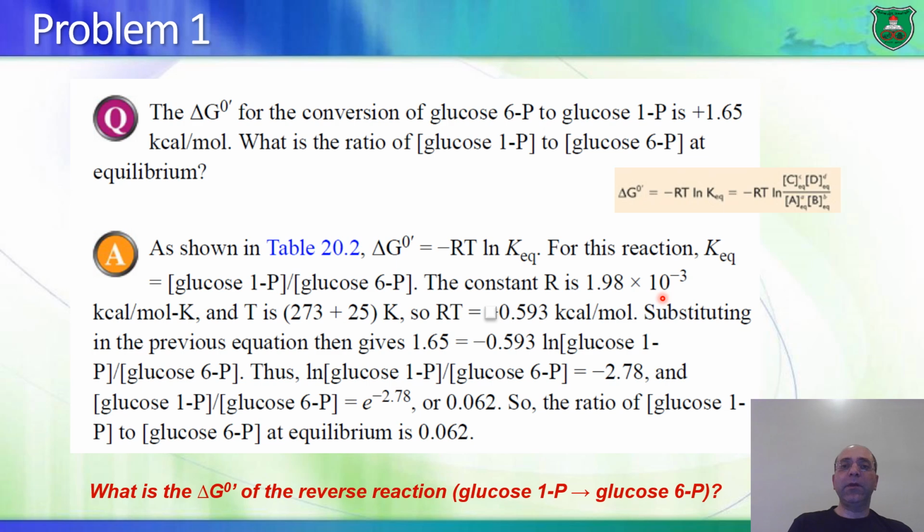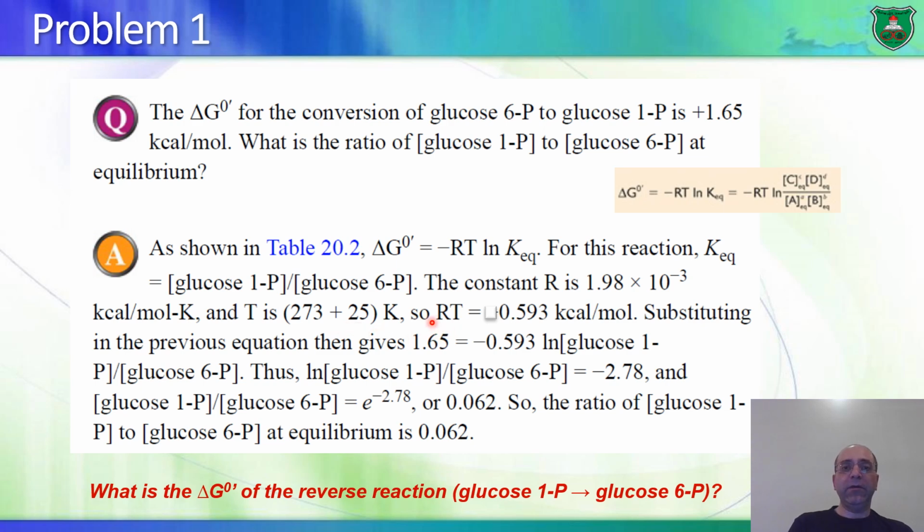Now, you don't have to memorize this. I'm going to provide you with these numbers if I bring you a problem like that in the exam. And the temperature is in Kelvin, by the way. It is not in Celsius. Now, 0 degrees Celsius is equal to 273 Kelvin. So 25 degrees Celsius is basically 273 plus 25 Kelvin.